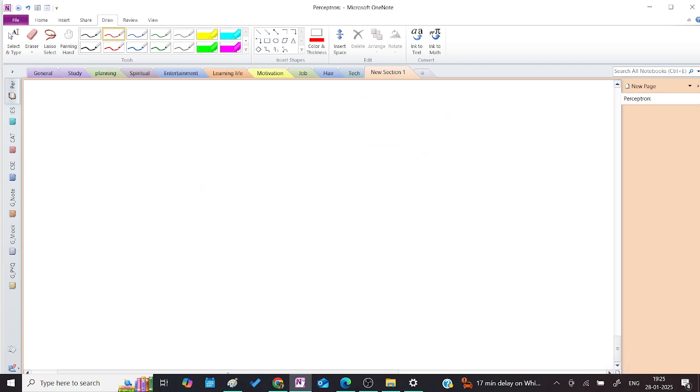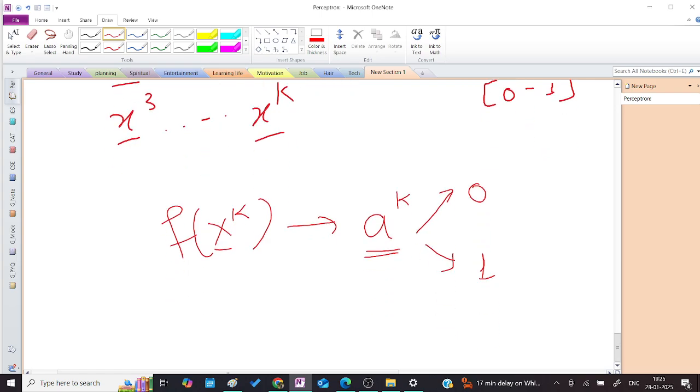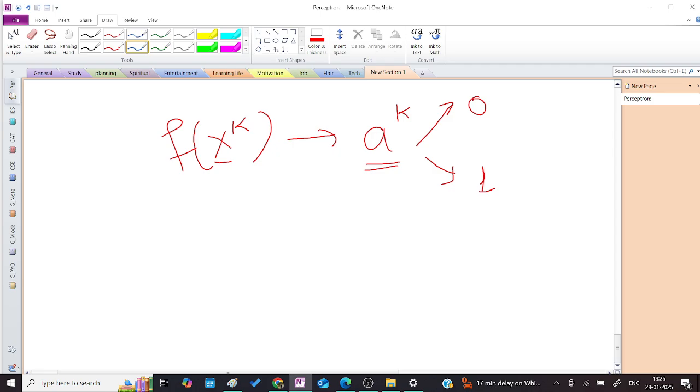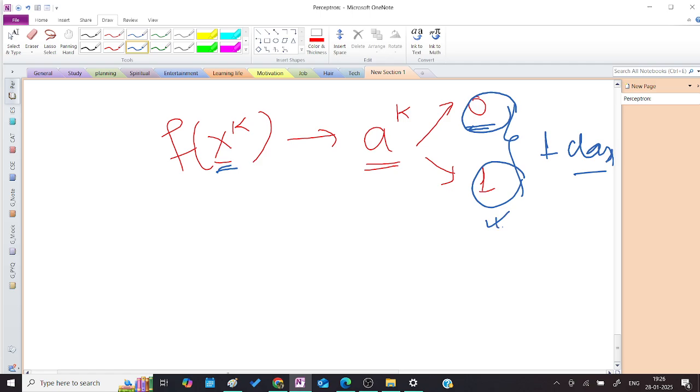And suppose it is not a binary perceptron, for example, if there is only one class, then it will say either this input belongs to that class or does not belong to that class.